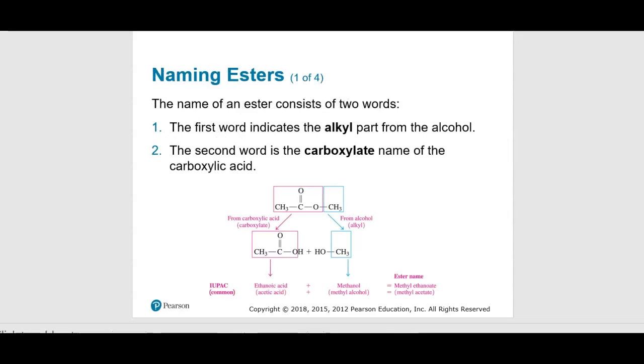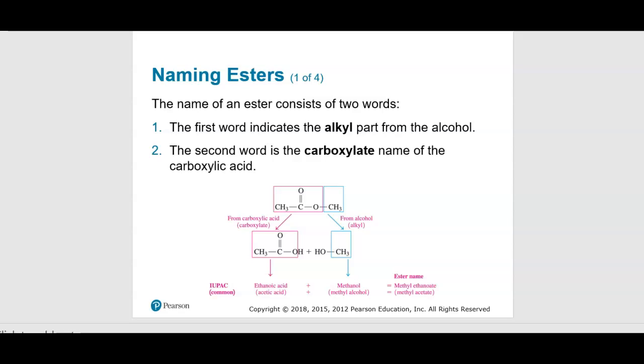Naming these things, naming esters, it's two words. It's going to be the alkyl part of the alcohol, and you're going to have the carboxylate name. In other words, if you have acetic acid, it's acetate, or ethanoic acid, it's going to be ethanoate.